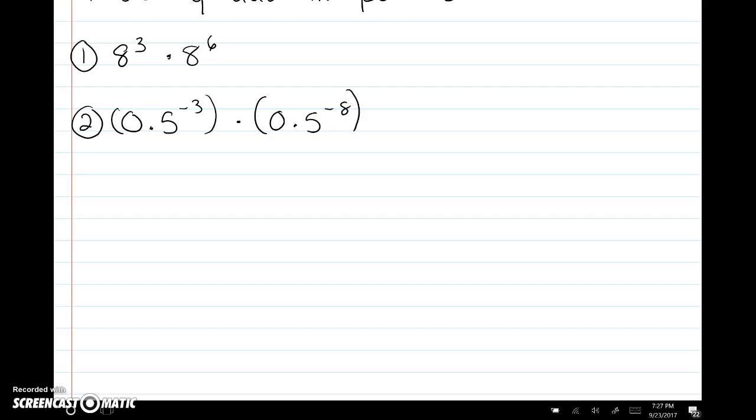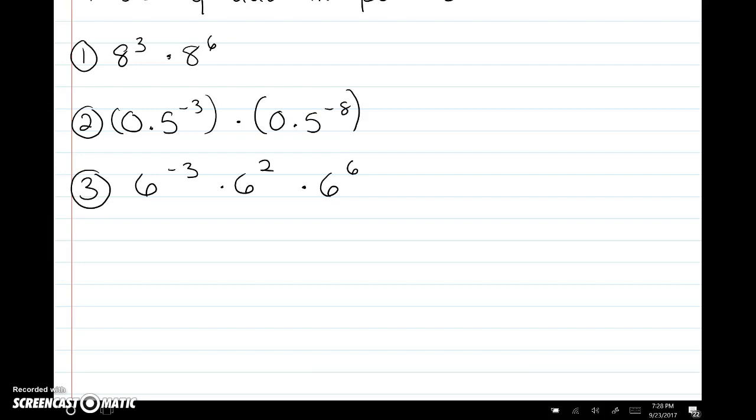Again, when the box appears, put your answer into it. And finally, let's do 6 to the negative 3rd times 6 to the 2nd times 6 to the 6th. Again, put your answer in the box when it appears.